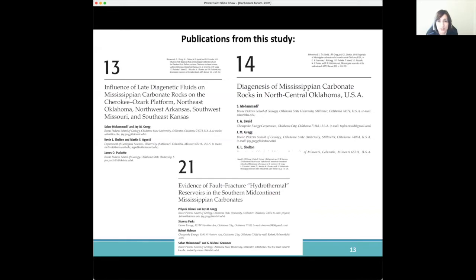If I could understand your question, you're asking how this fluid flow works and applies at regional scale, right? Yeah, sorry, my question wasn't very well worded, but what I was getting at was how does your model fit into the regional scale fluid flow, and how can you trace that fluid flow? Yes, so in the eastern side of the study area, as shown in Ozark, Cherokee, we are at the shelf margin.